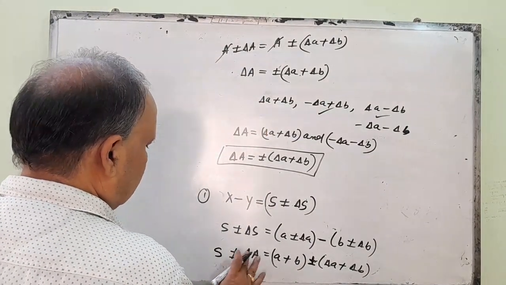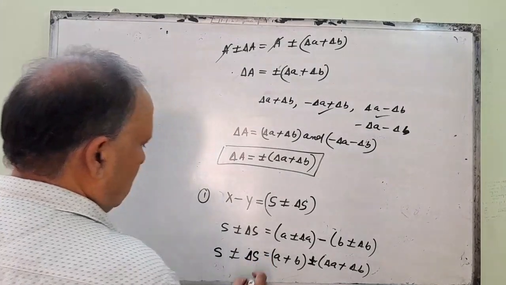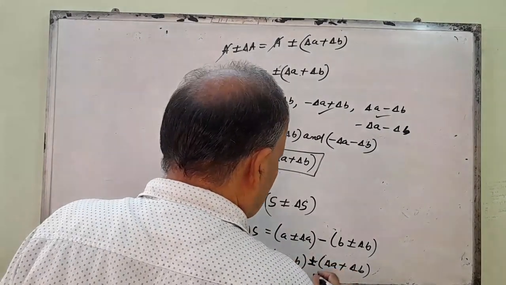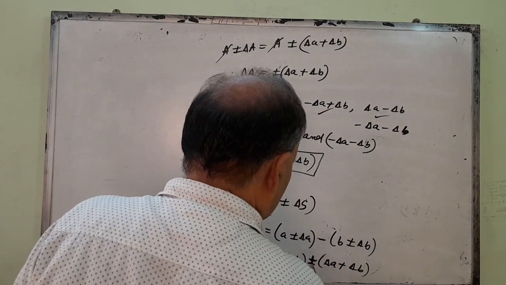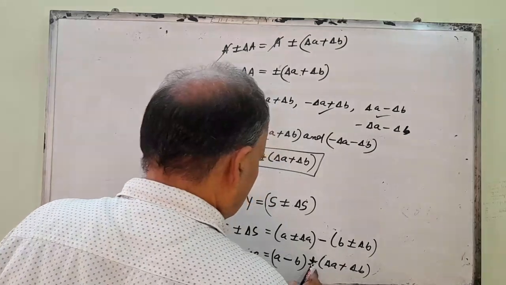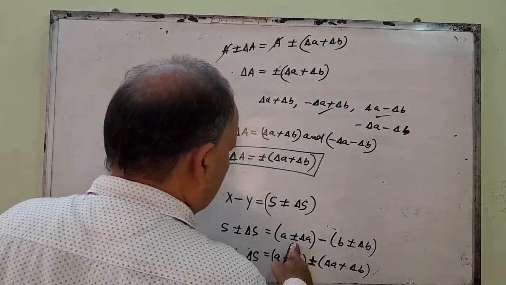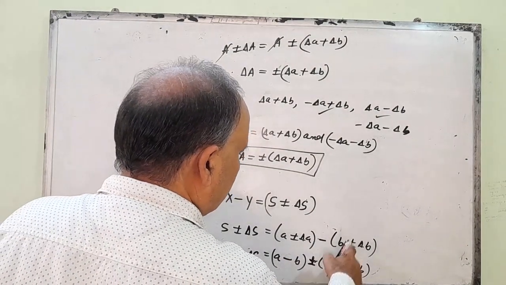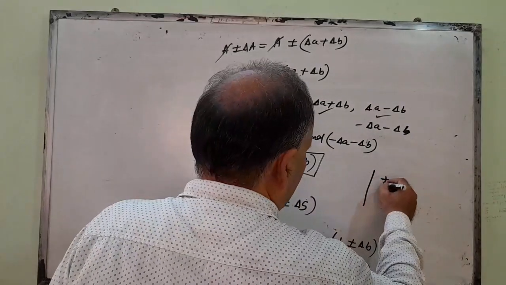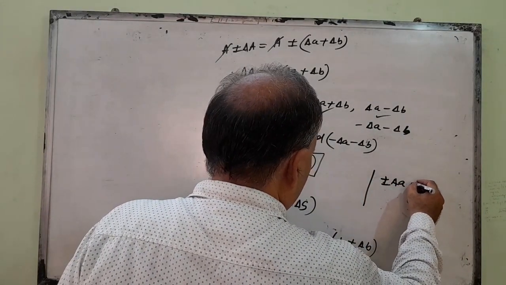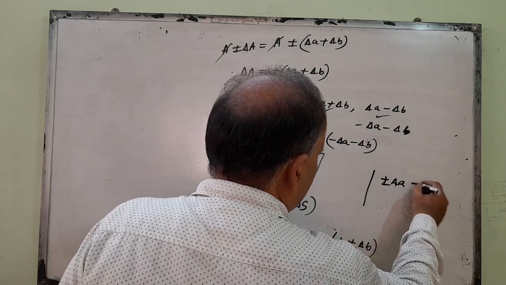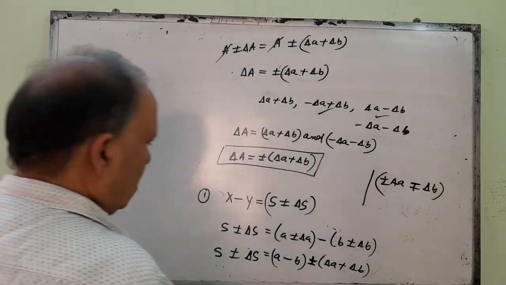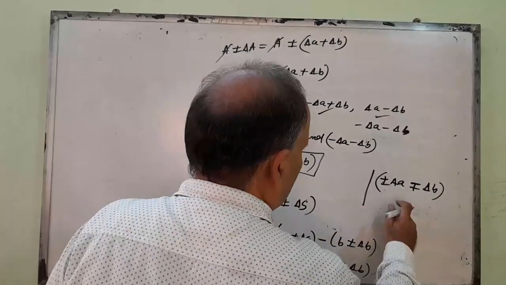That is, s plus minus delta s is equal to a minus b, and here this is your plus minus delta a plus delta b. Here plus delta a, you will write plus delta a minus plus minus delta b. You see, plus delta a minus plus minus delta b means minus plus delta b, minus plus.